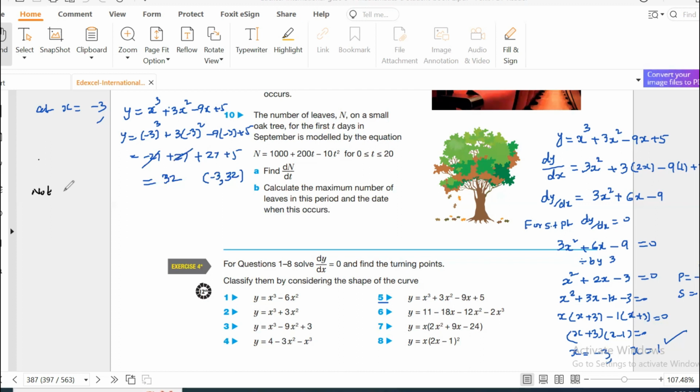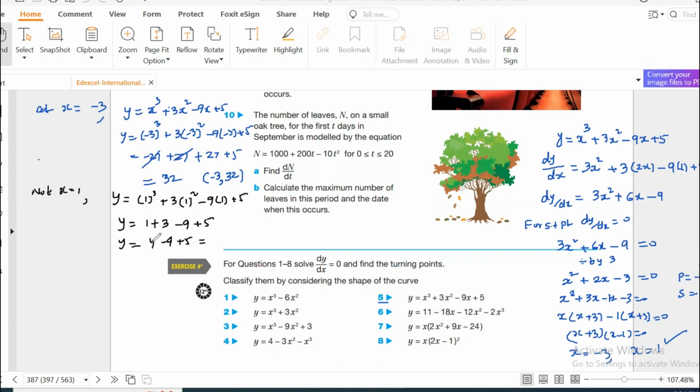Now at x is equal to 1, what is the value of this curve? So I will replace 1 cubed plus 3 into 1 squared minus 9 into 1 plus 5. So that gives me 1 plus 3 minus 9 plus 5, which gives us 3 plus 1, 4 minus 9 plus 5.